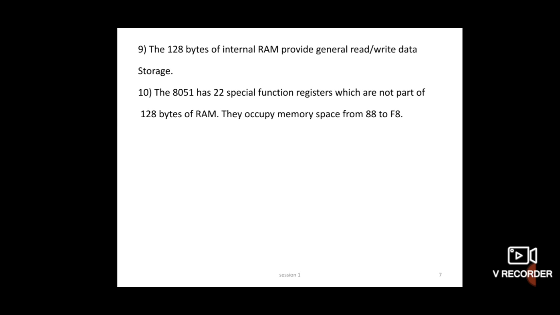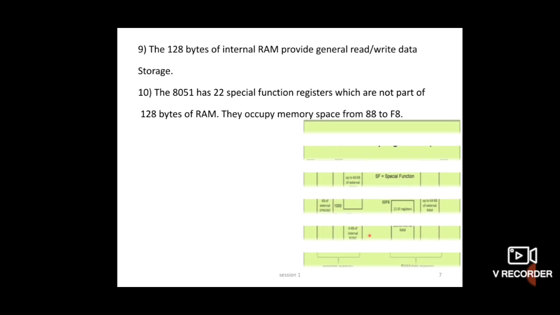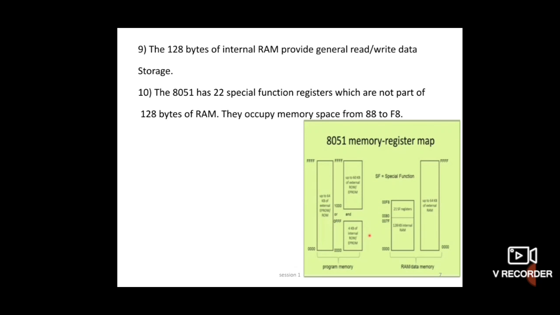The 8051 has 22 special function registers. First see the diagram. This is the data memory. Now see this part, 0080 to 00F8. These are the special function registers. Below these is the RAM.